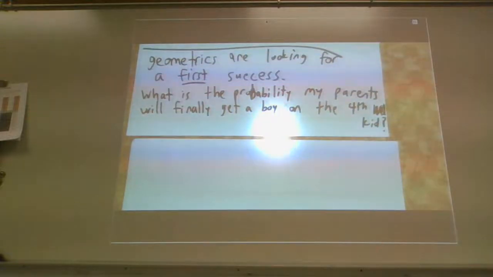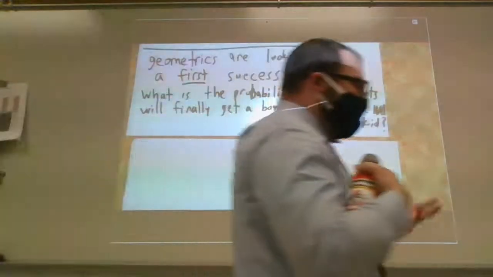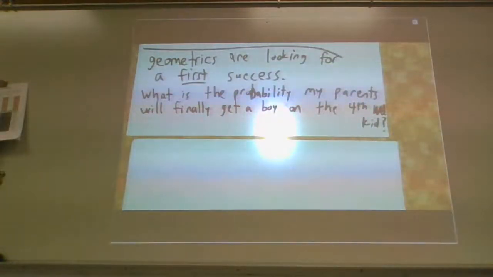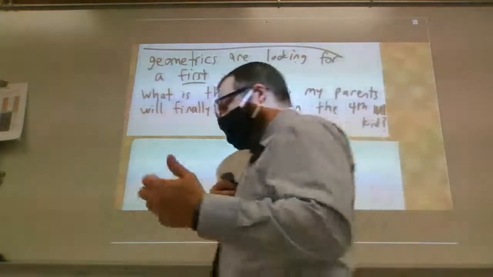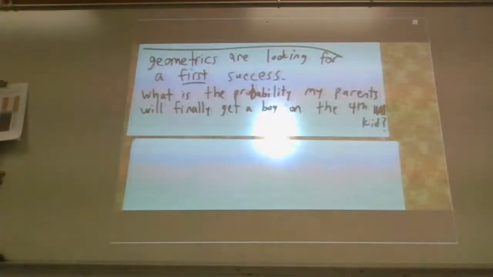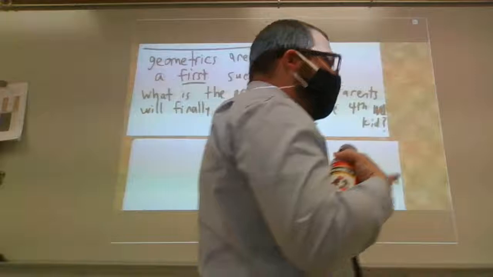Now, the wording is a little strange, but I want you to recognize something. You have to be able to read the question and properly interpret what it's asking. In this scenario, what is the probability that my parents finally get a boy on the fourth kid? Is implying that they are looking to finally get that first success on the fourth kid.